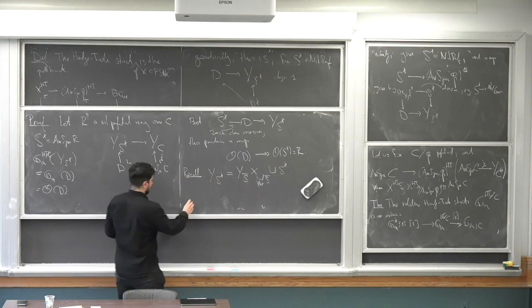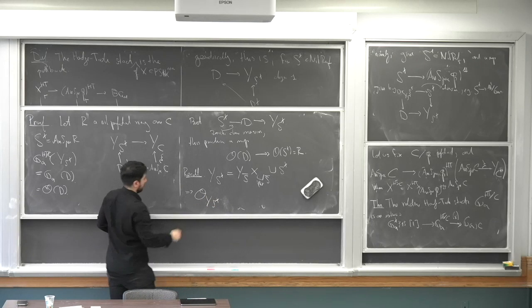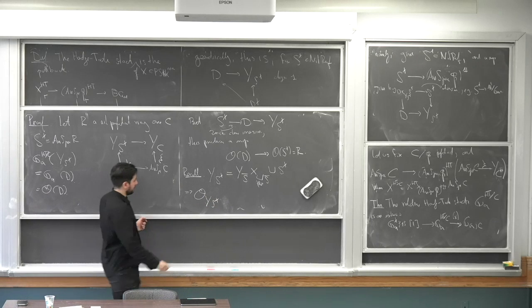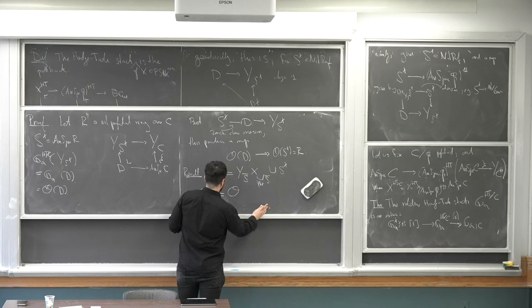So at the level of rings, this means that the ring of this guy is just a fiber product. At the level of rings.